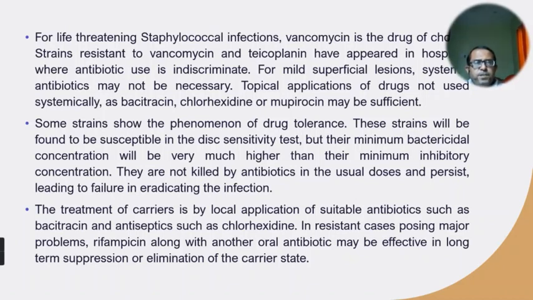If the strain is resistant to vancomycin, teicoplanin has to be used. Resistance has appeared in hospitals where these antibiotics are used indiscriminately. In some hospitals where these antibiotics have been used in tremendous amounts, in such cases this bacteria also became resistant to vancomycin and teicoplanin antibiotics.